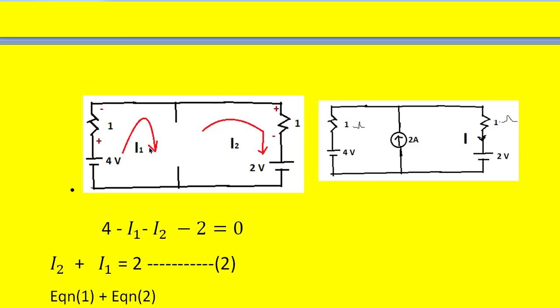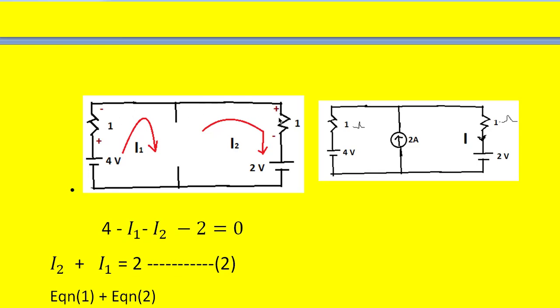Then in the assumed current direction I1, first we get positive, next negative. So when we get the positive first, then negative, we call that a voltage drop, and voltage drop will get the minus sign. So minus 1 into current I1. That is what we have written here. Then two elements are over.